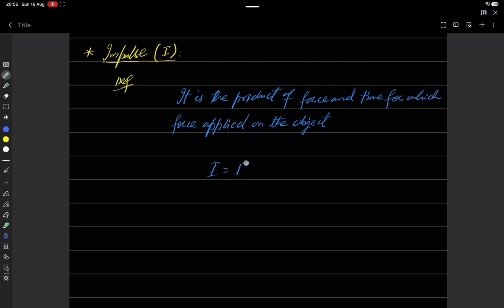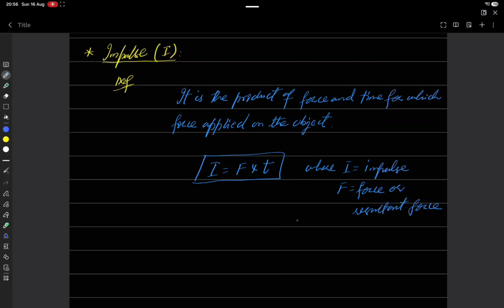I is equal to F multiplied by T. I is impulse, F is force or resultant force, T is time for which force acts on the body.